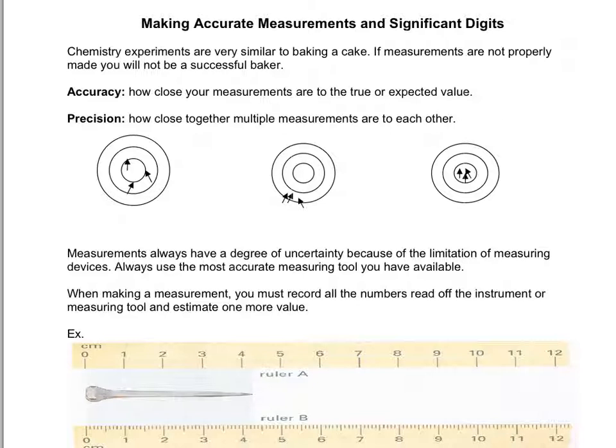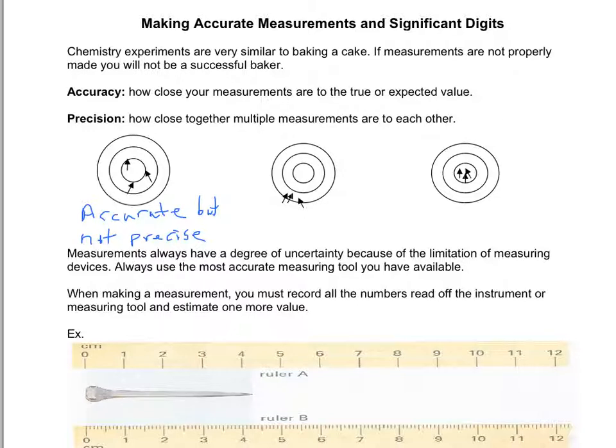Here's a diagrammatic difference between accuracy and precision. If we look at this dartboard, here I've thrown 3 darts. If my target or my goal is the bullseye, you could say that I was fairly accurate on this dartboard. But because my darts are far apart from each other, I am not precise.